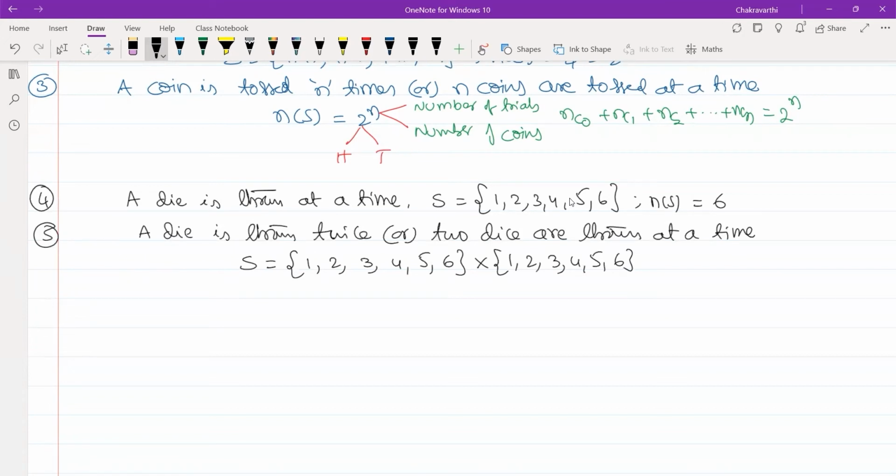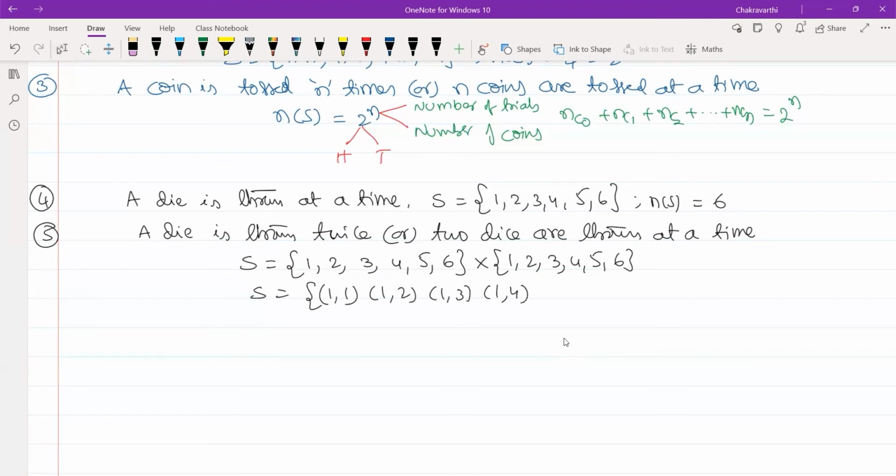This will create ordered pairs by using the set theory notations and relations. Now, the sample space contains (1,1), (1,2), (1,3), (1,4), like this, and so on.